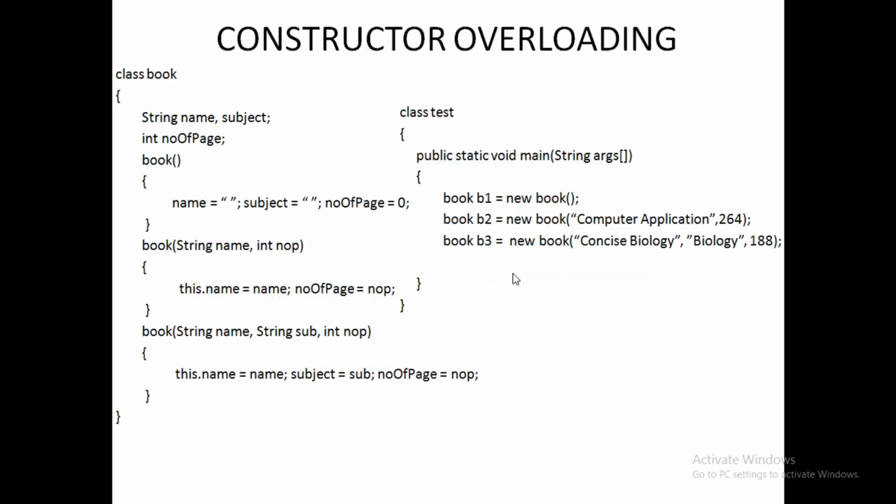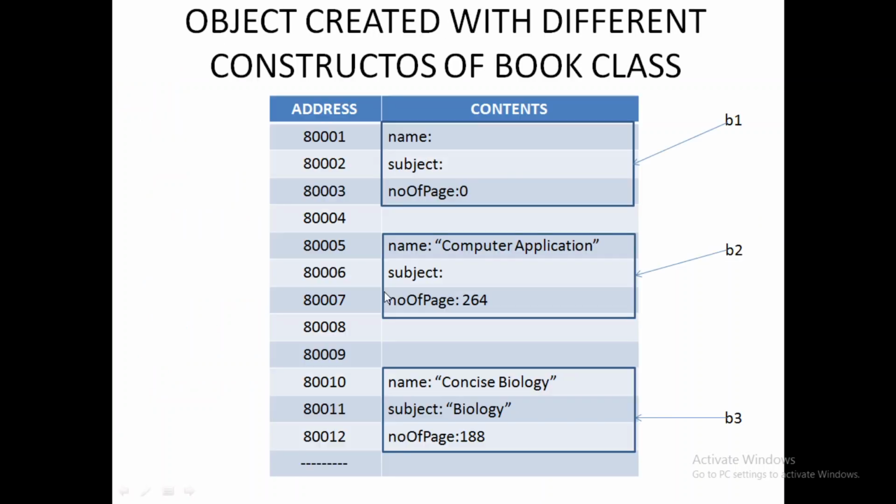The B2 object is initialized with two values, one string value and one integer value. So this constructor will be executed and name will be initialized with the value computer application and number of pages will be initialized with 264, as is the case here. Name gets initialized with the value passed into the constructor and number of pages gets initialized with 264.